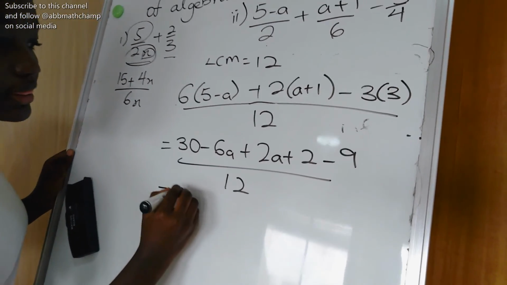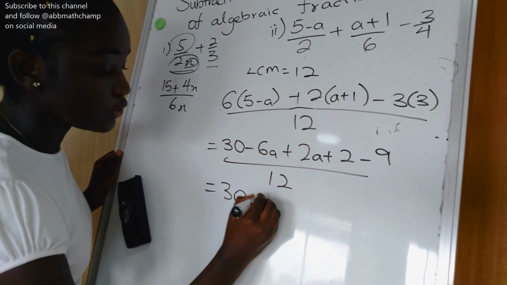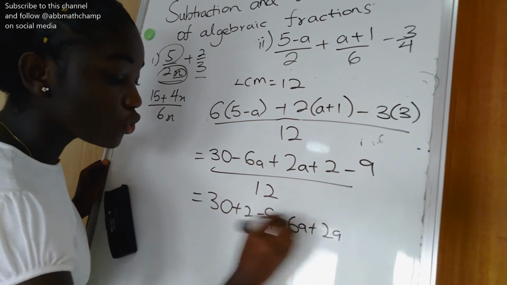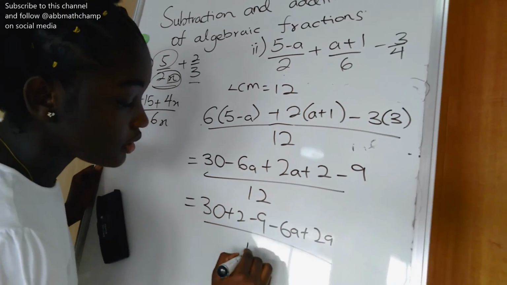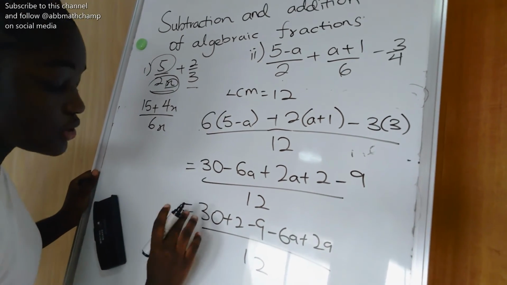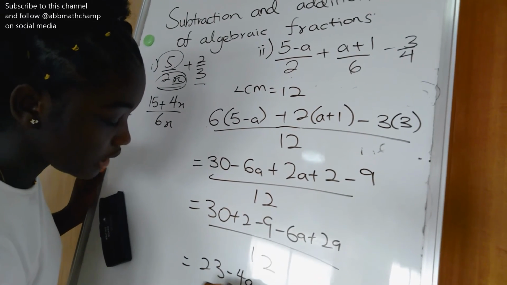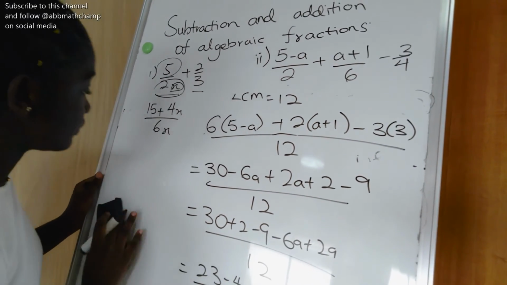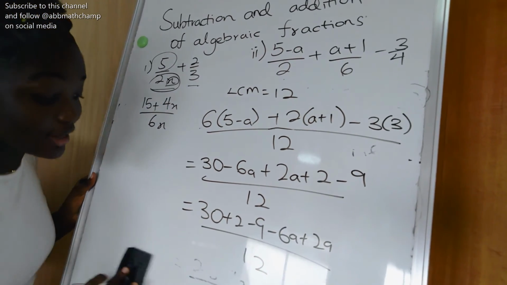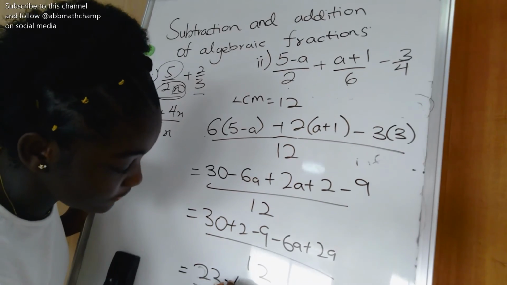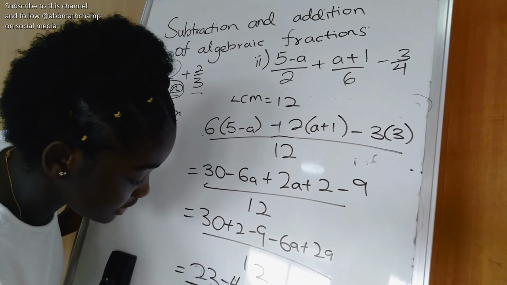We have 30 plus 2 minus 9, minus 6a plus 2a. I'm grouping my like terms. This will give us 23 minus 4a all over 12. So this is our final answer: 23 minus 4a all over 12.